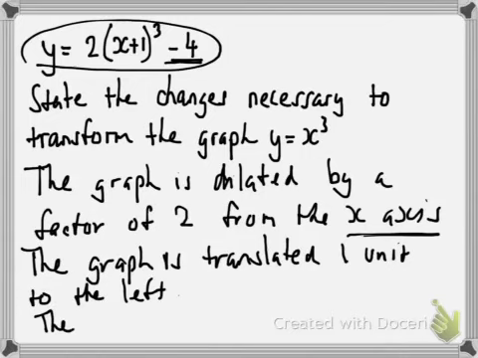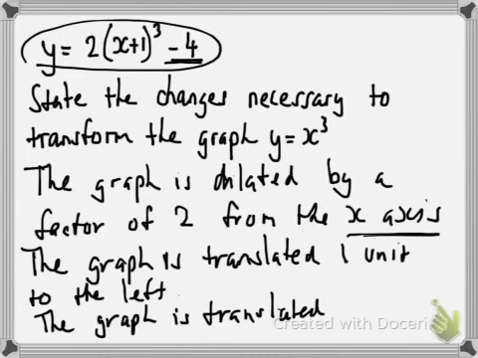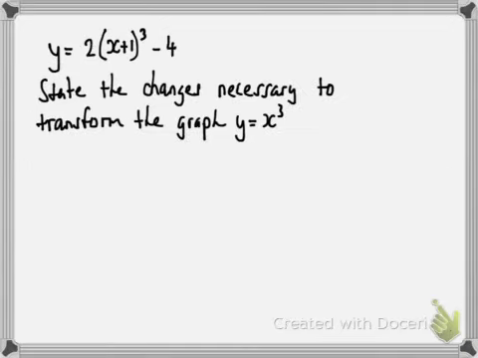So the graph is translated four units down. So dilations, left-right translations, up-down translations, or vertical translations. Okay, next one.